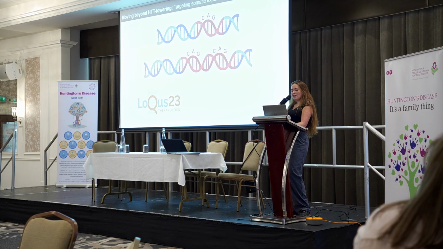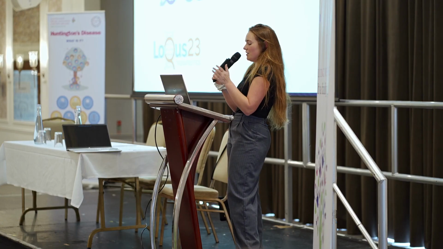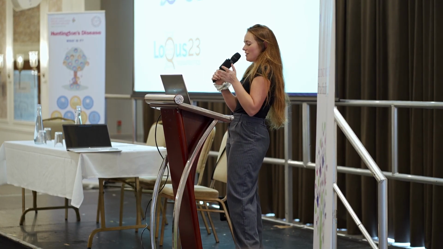So whilst there are none currently in clinical trials, besides potentially the Skyhawk candidate, Locus 23 have a small molecule which affects the way a protein called MSH3 acts to cause this CAG repeat expansion, and they are going to be launching a phase 1 trial soon.